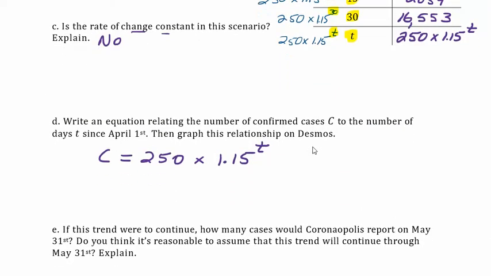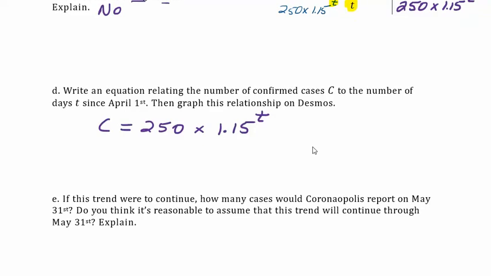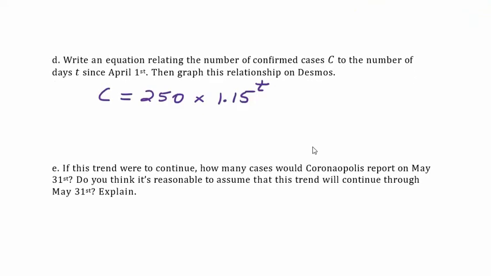If this trend were to continue, how many cases would Coronaopolis report on May 31st? Do you think it's reasonable to assume that this trend will continue through May 31st? All right, let's think, how many days would that be? Do you guys know how many days are in April? April has 30 days.